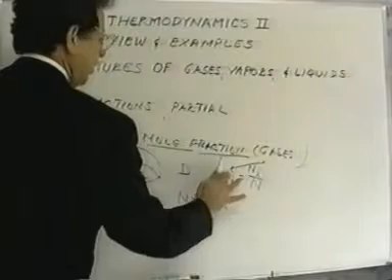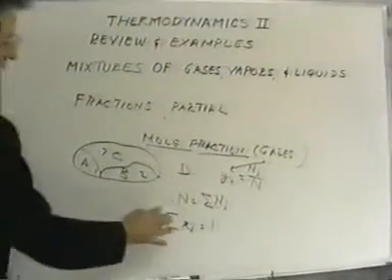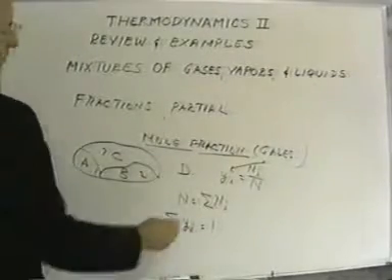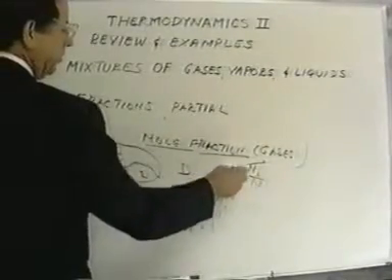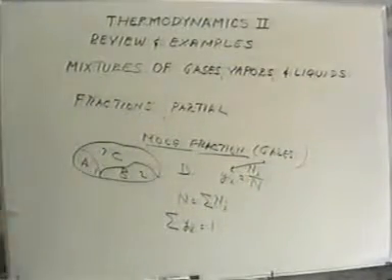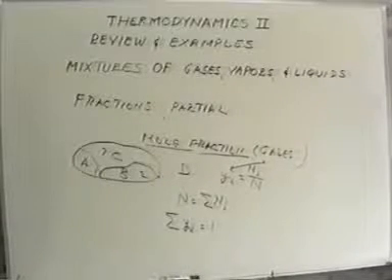We'll usually use a Y sub i to indicate the mole fraction of a gas. And the summation of Y sub i is equal to 1. So if we're in the gas phase, we usually use a symbol Y sub i.